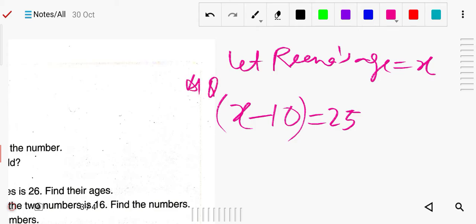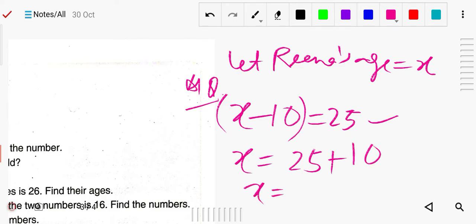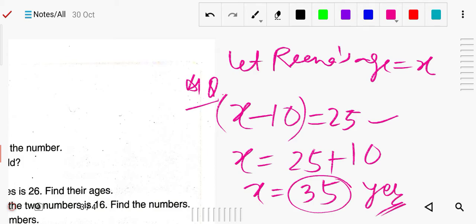According to the question, 10 years ago, so x minus 10, which means we subtracted 10 from the current age, and which equals 25. So we can find the value of x. x will be 25, and this 10 will go to the other side, so it will be plus. So x equals 35. So her current age, Rina's age, is 35 years. Okay, that is how you have to solve it.